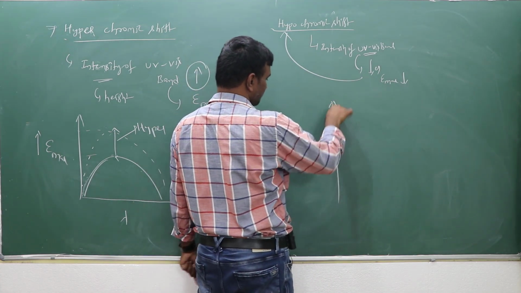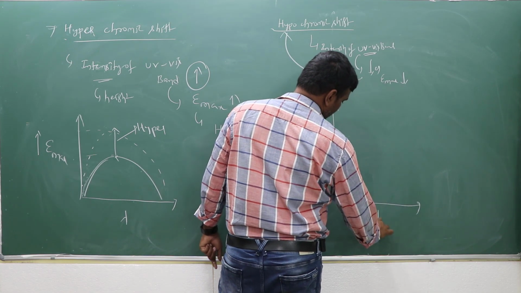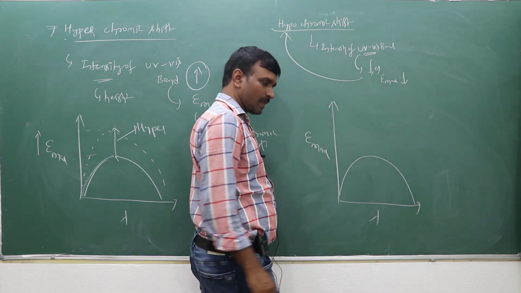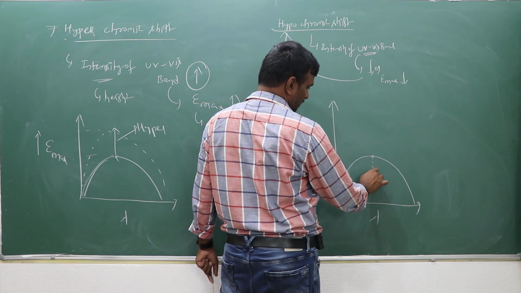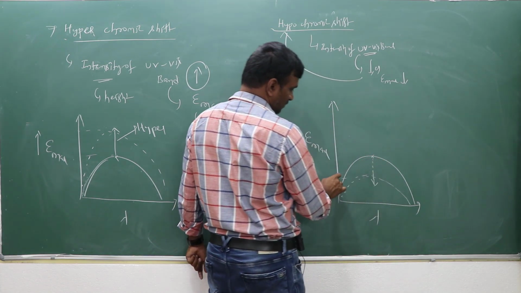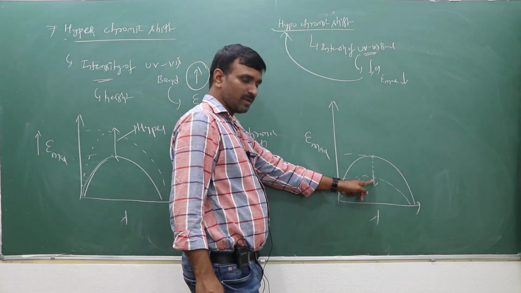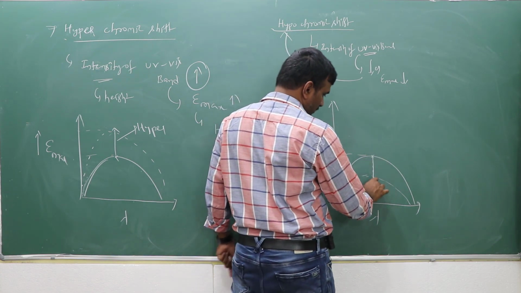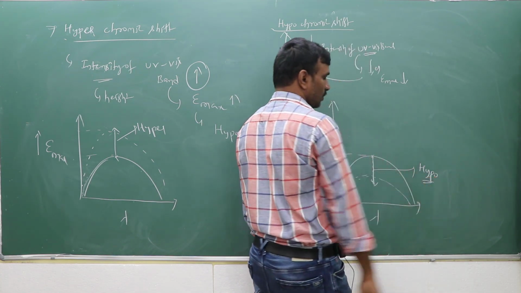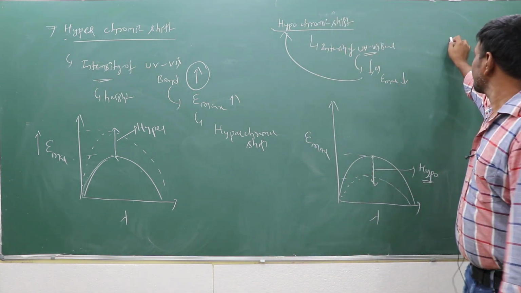Listen: with epsilon maximum or log10 epsilon maximum against lambda, before, the band is like this at the lambda maximum position; after that, it decreases, moving downward. This is considered the hypochromic shift. In one word, all of these can be explained.